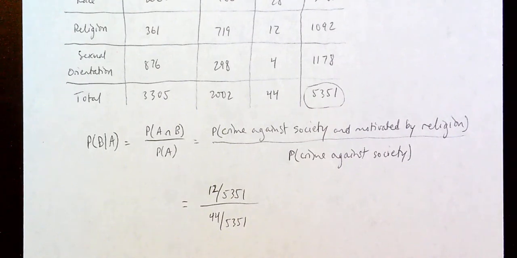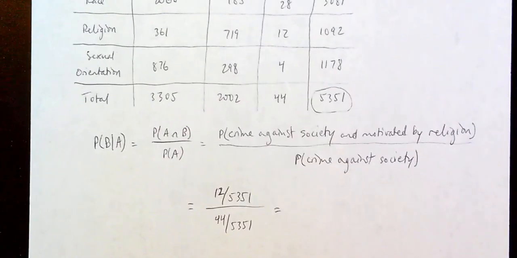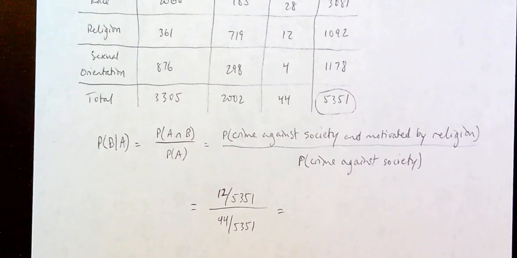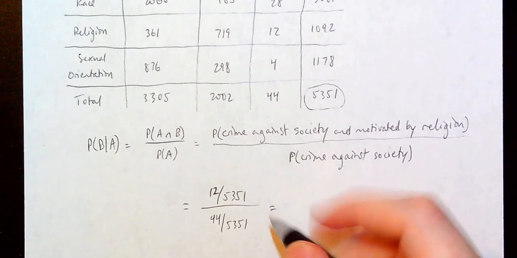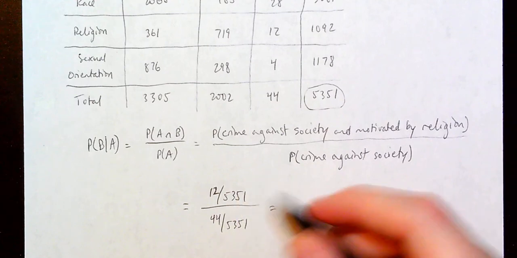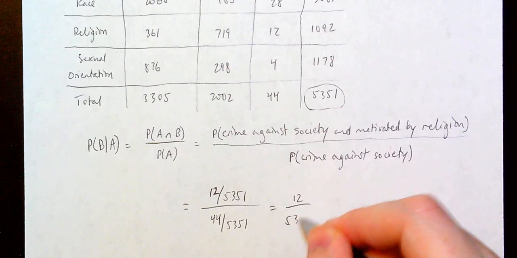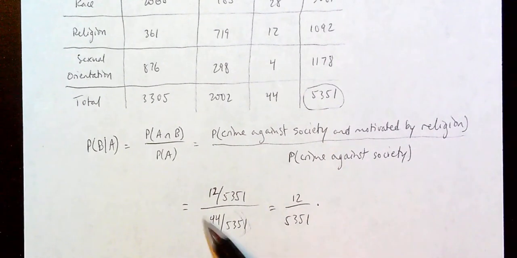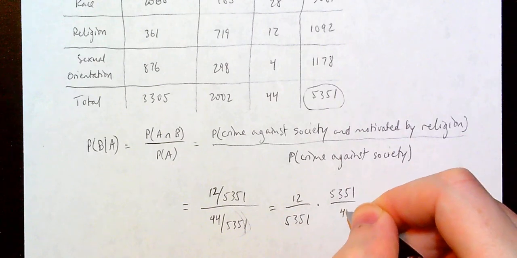Okay, so we're taking the quotient of two fractions. Let's simplify that just a little bit. We know, going back earlier on in our course, that dividing by a fraction is the same thing as multiplying by its reciprocal. So this guy divided by this guy is the same thing as 12 over 5,351 times the reciprocal of that fraction there, times 5,351 divided by 44.